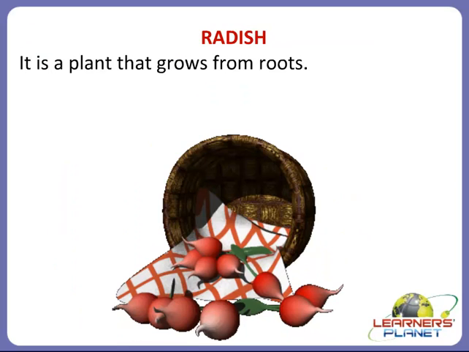For example, radish. Radish is also a plant that grows from the roots, right? So this is also such an example, in which the roots present on the radish will grow into a new plant.